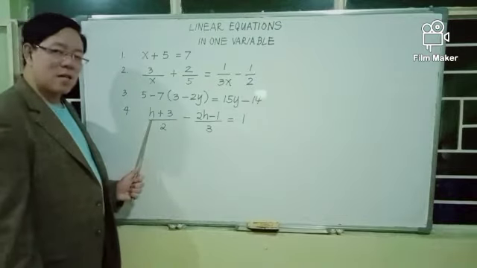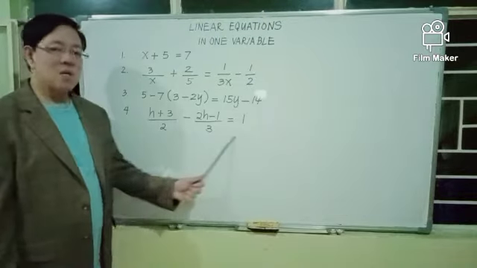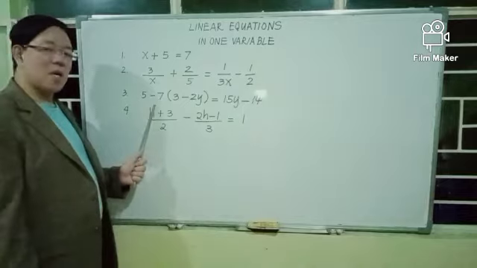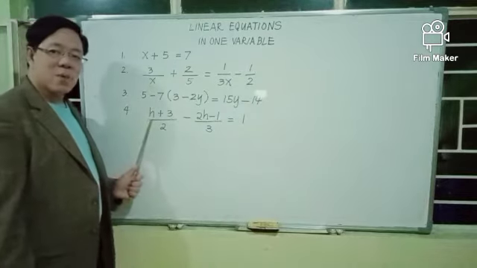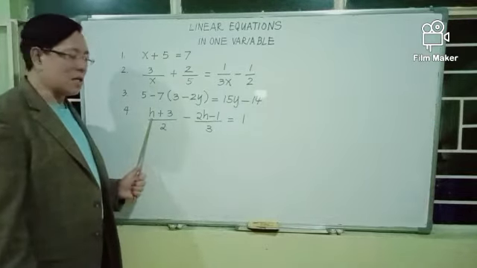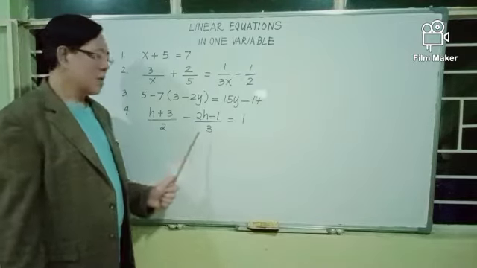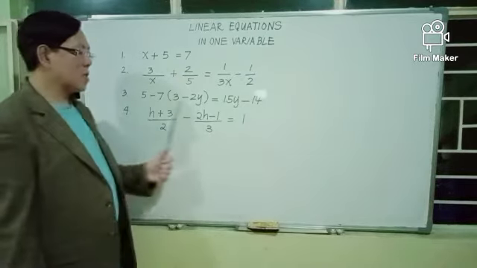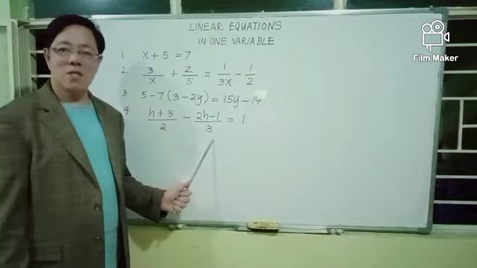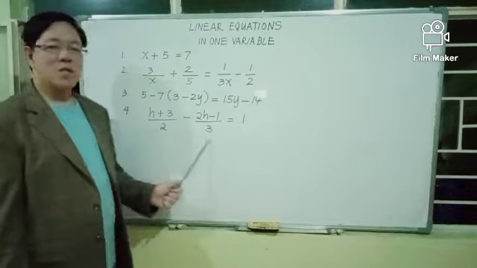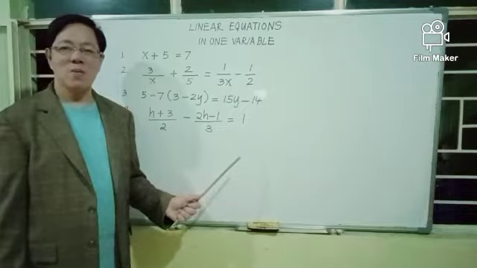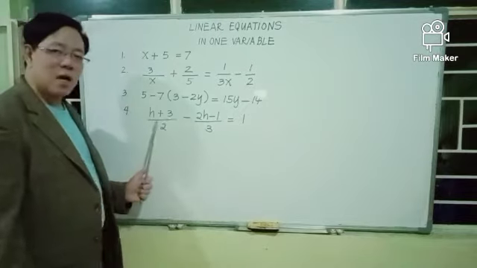And the variable is h. It is a linear equation because the highest exponent of h is 1. The highest exponent of h in this equation is 1. So this equation is a linear equation in one variable h.